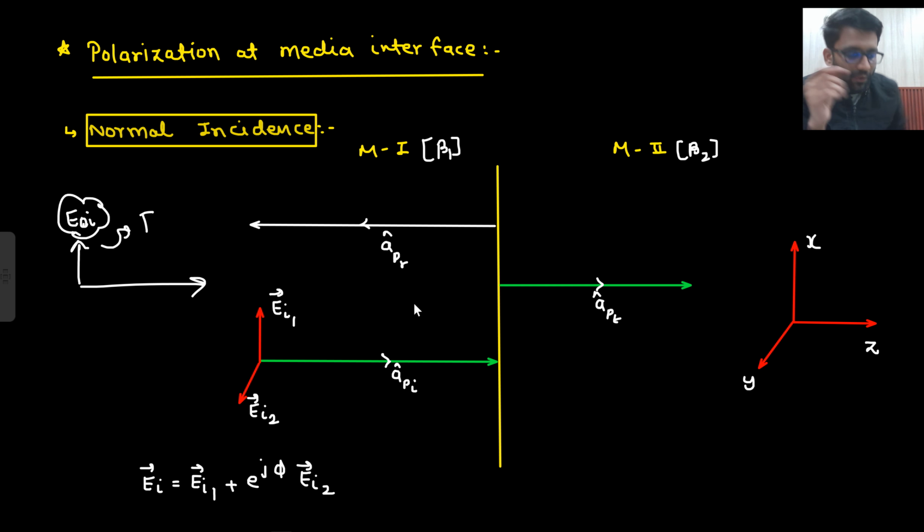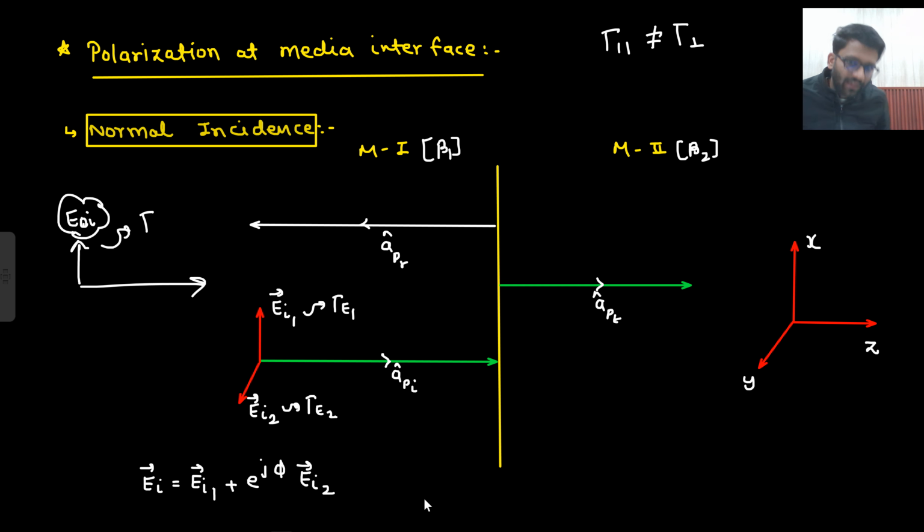No. In oblique incidence, we have different reflection coefficients for parallel polarization and perpendicular polarization, and both are not equal. Both have different formulas. But here, whether you take the field in this direction or in this direction, the same reflection coefficient will be there. If I call the reflection coefficient for this one gamma E1, and for this one gamma E2, can I say that gamma E1 equals gamma E2 equals gamma E?